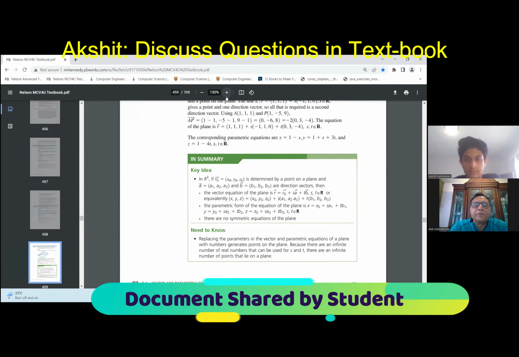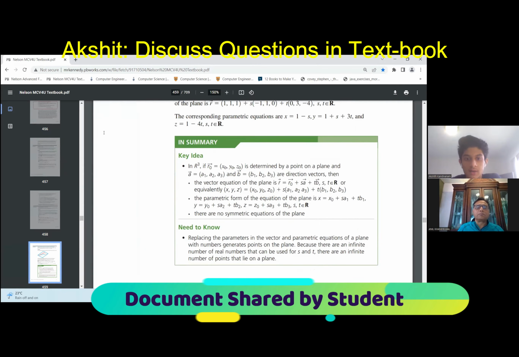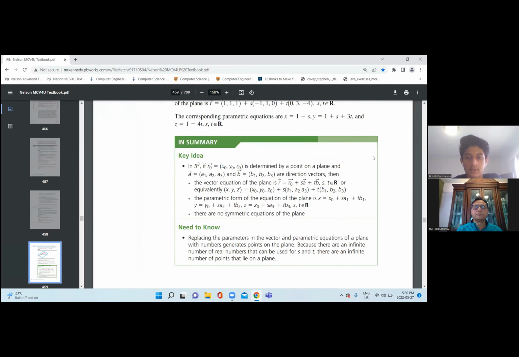Let's read the summary. In R3, if the vector R0 equals (x0, y0, z0) is determined by a point on a plane, and vector A equals (A1, A2, A3) and vector B equals (B1, B2, B3) are direction vectors, then the vector equation of the plane is R equals R0 plus sA plus tB, where s and t are elements of the real numbers, or equivalently (x, y, z) equals (x0, y0, z0) plus s times (A1, A2, A3) plus t times (B1, B2, B3).